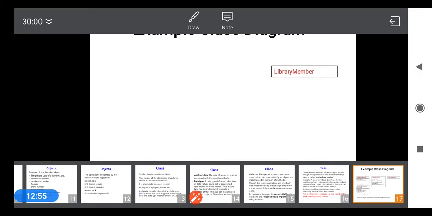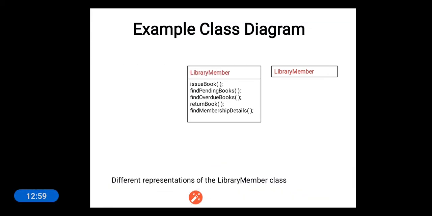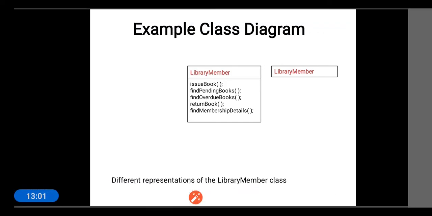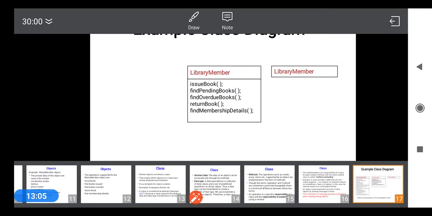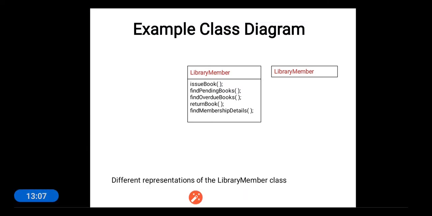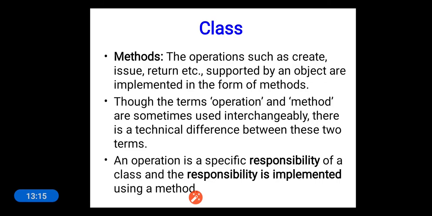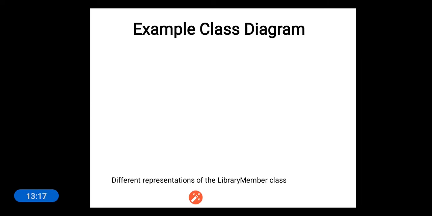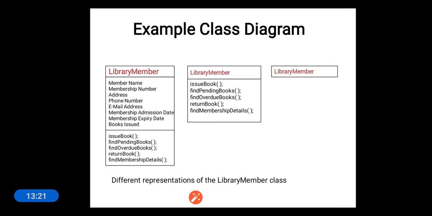So this is an example of a class diagram. This is how we represent class diagrams in the UML model. These are the three different ways.